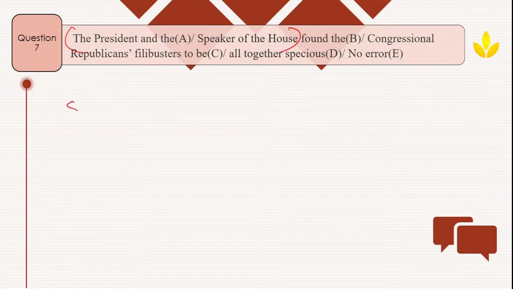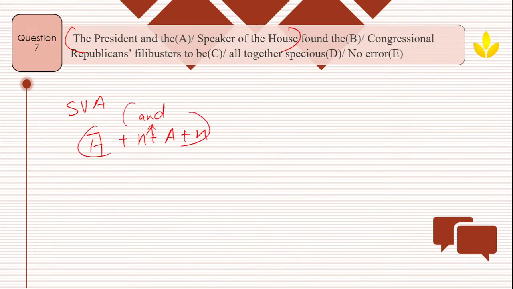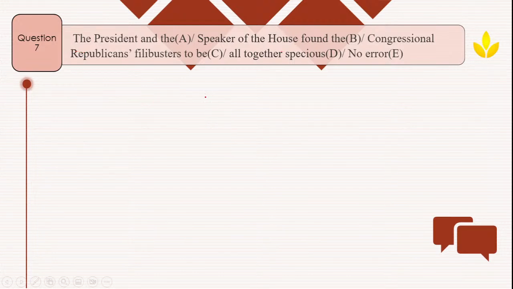If you look at it in terms of subject verb agreement, this comes under noun plus noun. In between there is a coordinating conjunction, "and" as well. This is the rule, but there is nothing plural here. So technically this rule is satisfied.